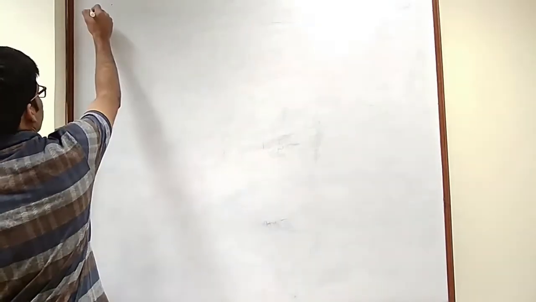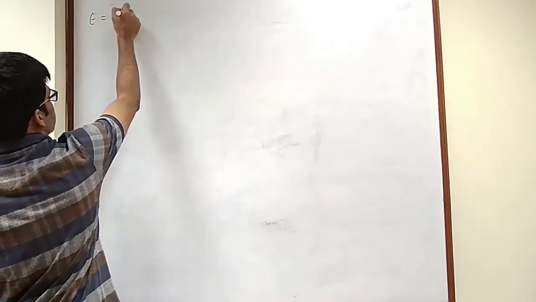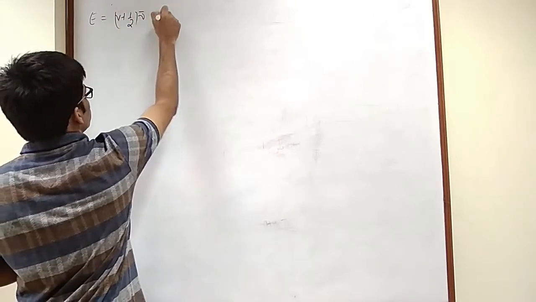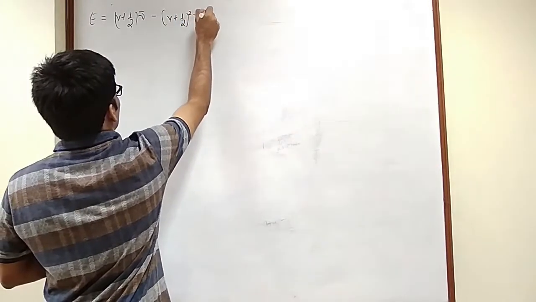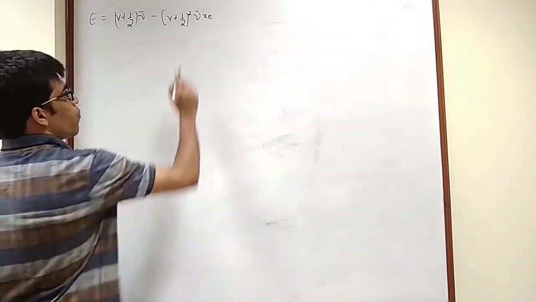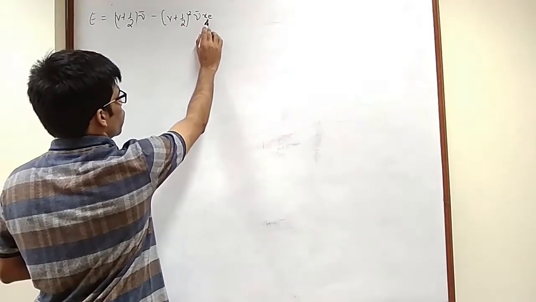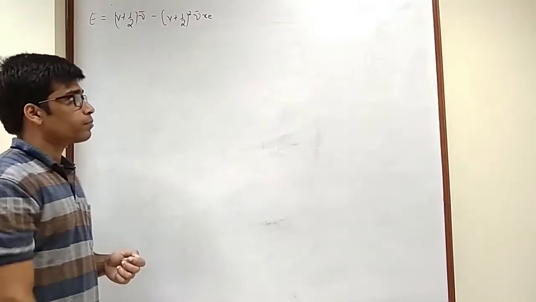We had seen that the energy of an anharmonic oscillator can be represented by this formula, where this is your frequency in wave numbers, and this is your anharmonicity constant, right?